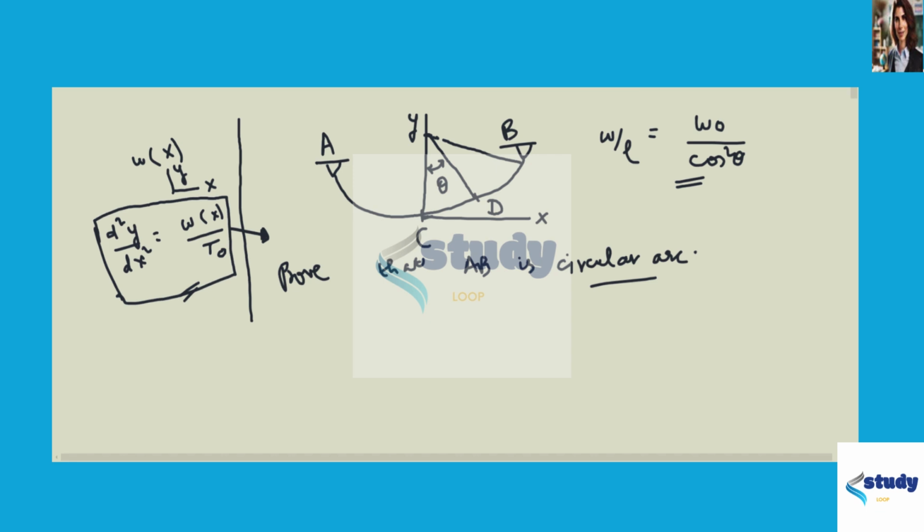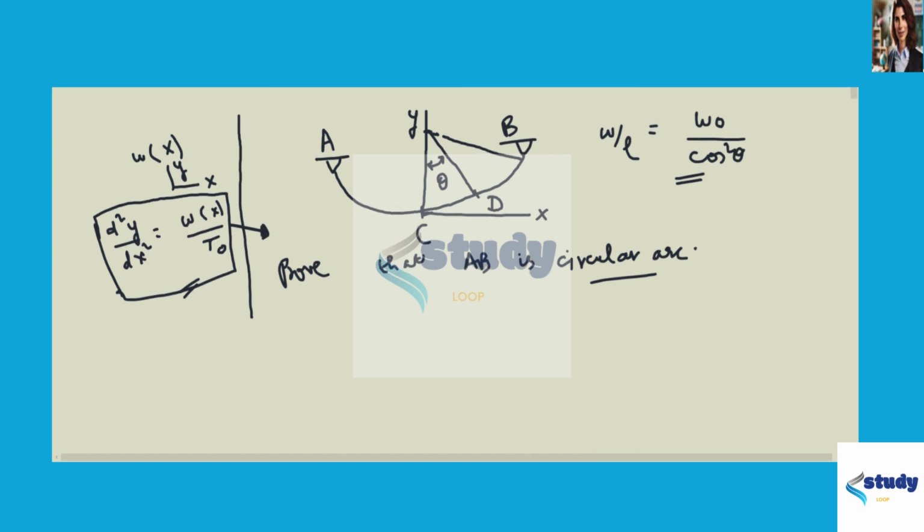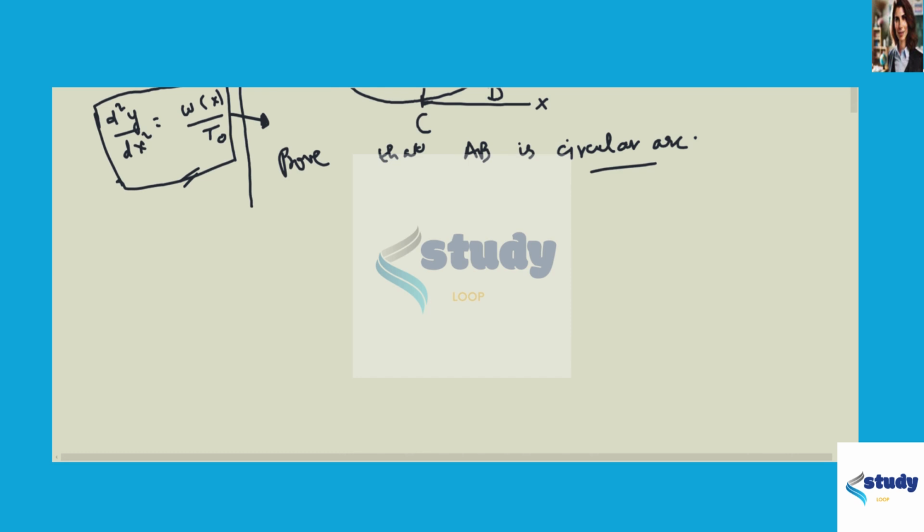Okay, now let's start it. So to prove this, we will take an element of the cable. Let me draw it again. So let's take a segment of the cable.